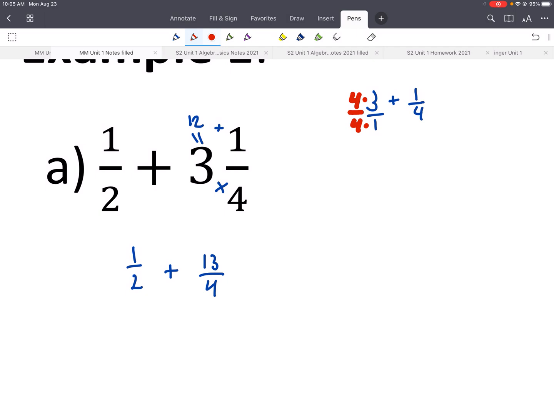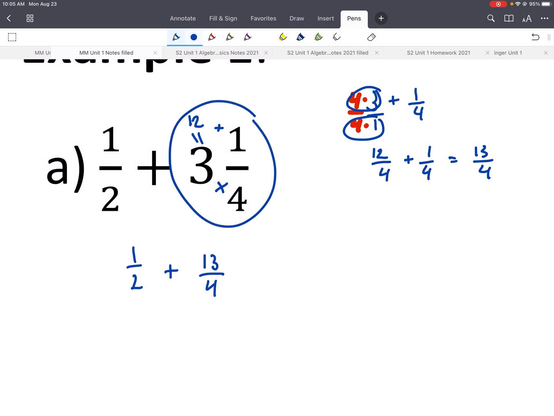And multiplying something by 1, like 1 times 3, that's just the same thing. It hasn't changed at all, okay? So we need to have a common denominator when we multiply straight across. So that would be 12 over 4 times 1 is 4. And then we'd end up getting 13/4. So we end up getting the same thing.